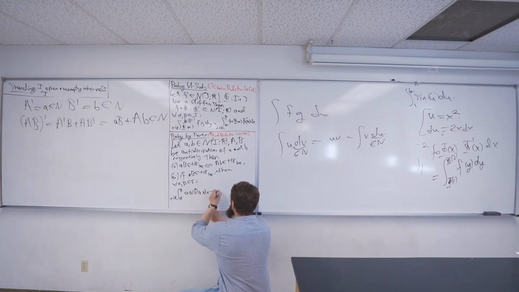This is equal to capital A times capital B evaluated at the endpoints minus the other way around.